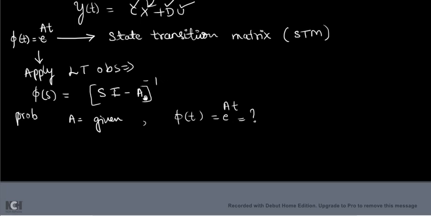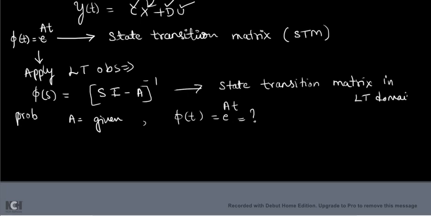After taking the inverse of the matrix, that will give you the phi of s, state transition matrix in Laplace domain. What do you call this? This is called the state transition matrix in Laplace transform domain.